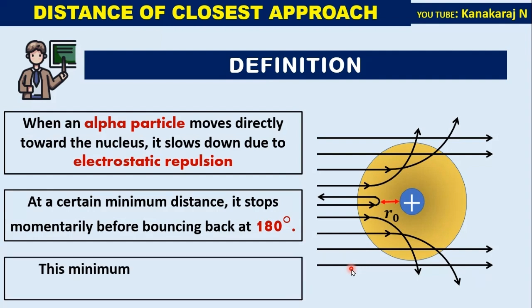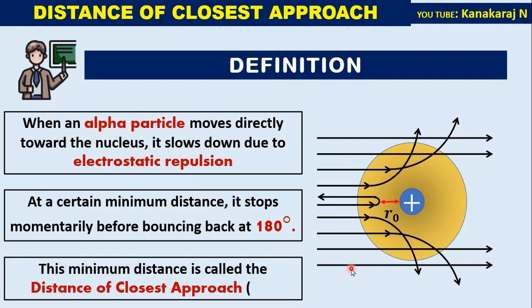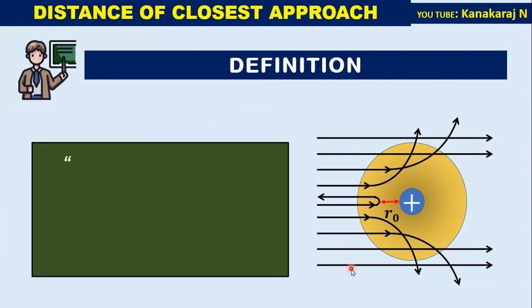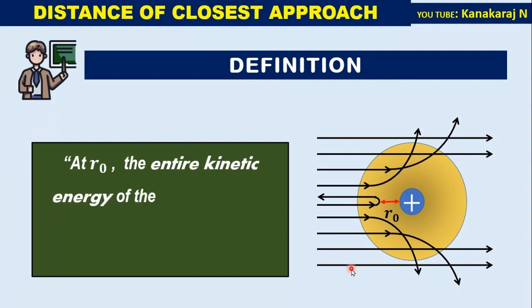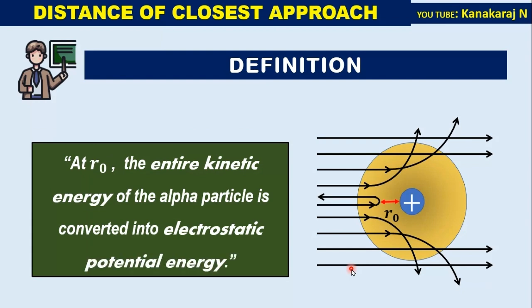This minimum distance is called the distance of closest approach R0. At R0, the entire kinetic energy of the alpha particle is converted into electrostatic potential energy.